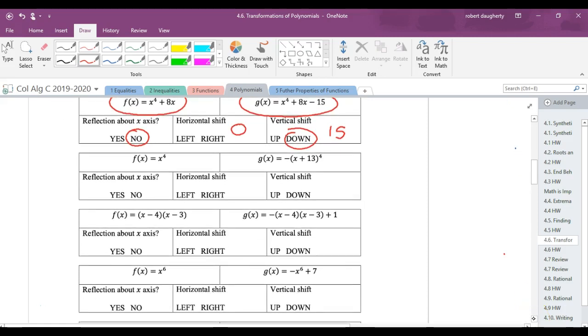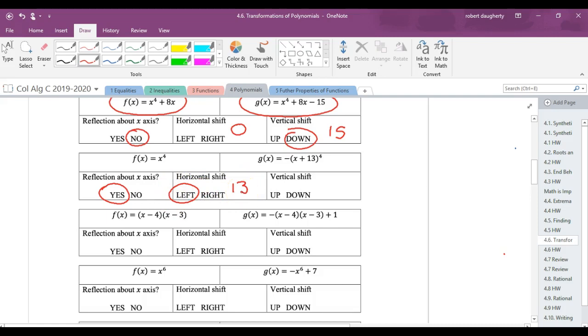If I'm transforming from f to g, has it been reflected about the x-axis? Answer is yes. How do you know that? There's a minus sign that came in, so the sign changed. Did it move horizontally? Yeah, so if I change my x to an x plus 13, that's moving it which direction? Left. So this thing moved to the left 13 units.